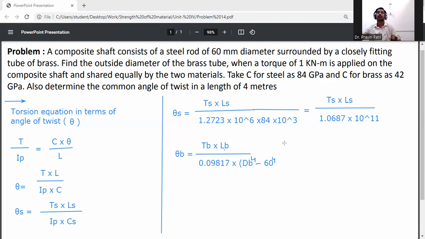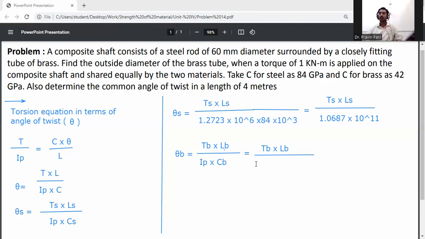first of all, sorry, write down the equation for that. TB LB divided by IP into CB, the modulus of rigidity of brass. So put all these values here. TB into LB divided by the polar moment of inertia, it is pi by 32 into capital dB raised to 4 minus small dB raised to 4.